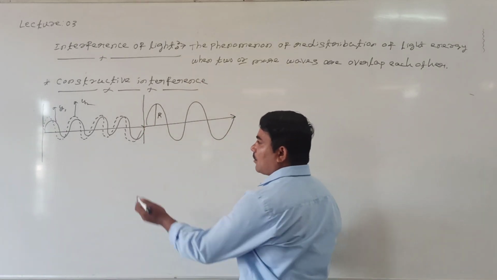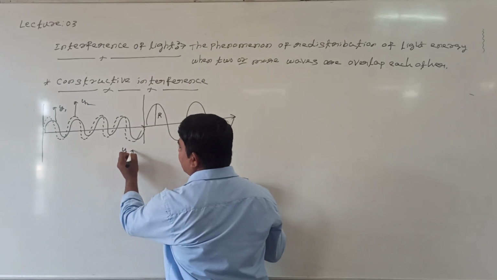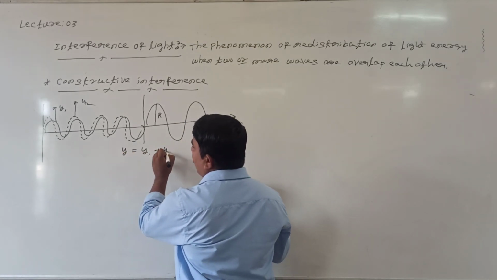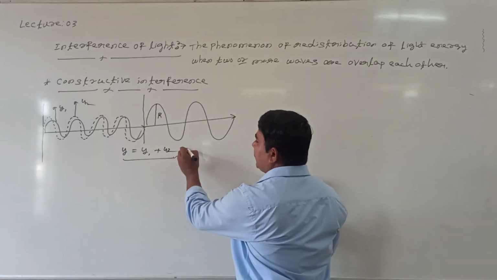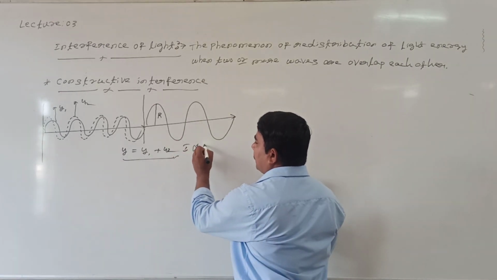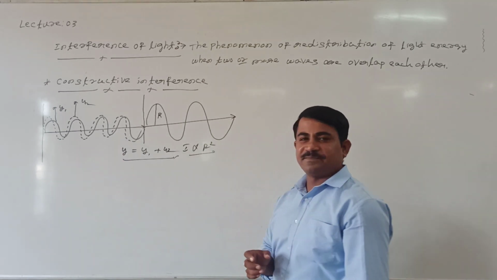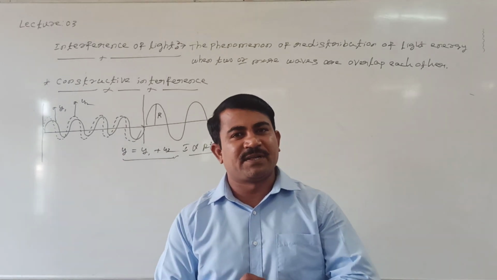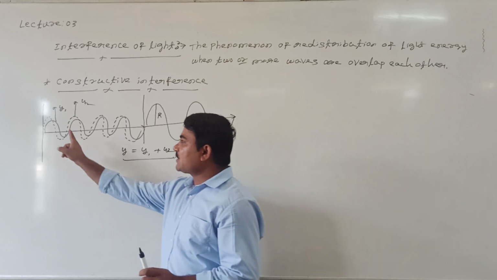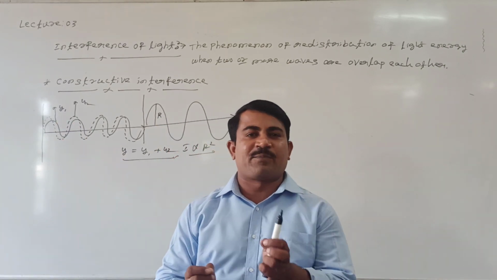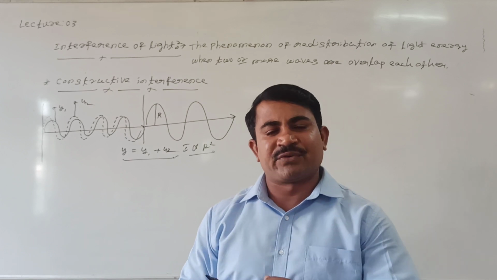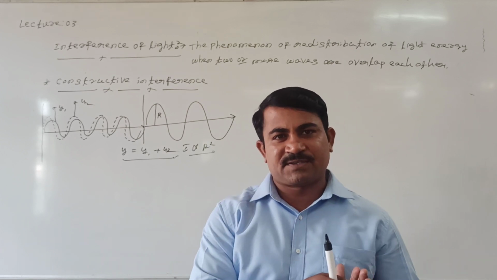See here. According to the superposition principle, Y is equal to y1 plus y2. And intensity of the light is directly proportional to the square of amplitude. What is constructive interference? When the crest of one wave overlaps with the crest of the other wave, or the trough of one wave overlaps with the trough of another wave, this interference we call constructive interference.